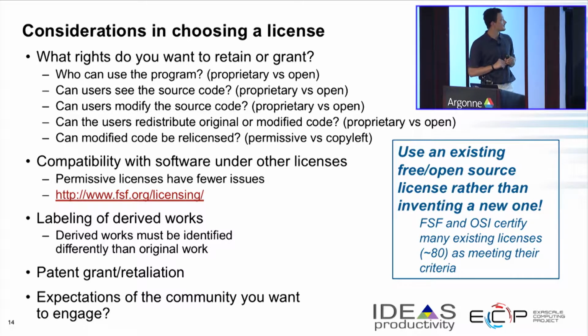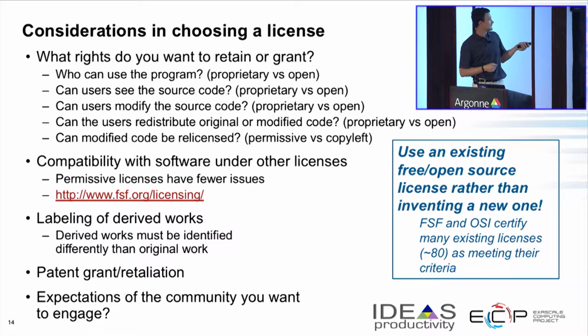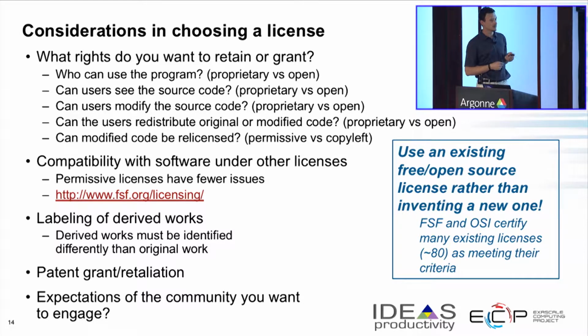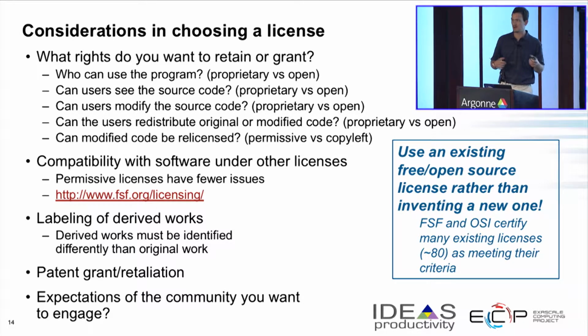Compatibility with software under other licenses. This is a very, very practical issue. This is exactly what came up yesterday, really, where someone had an open source product that they wanted to add to the repository, but the license wasn't compatible with the base licensing.